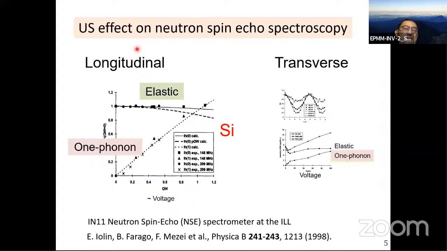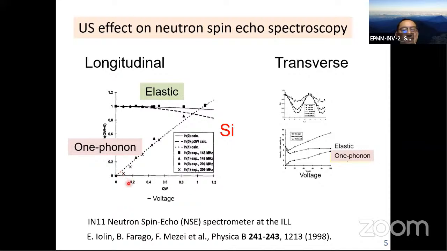Here is the ultrasound effect on neutron spin echo spectroscopy. Neutron spin echo spectroscopy is a very powerful tool to distinguish elastic scattering and inelastic scattering. This is the longitudinal mode applied on a silicon crystal.